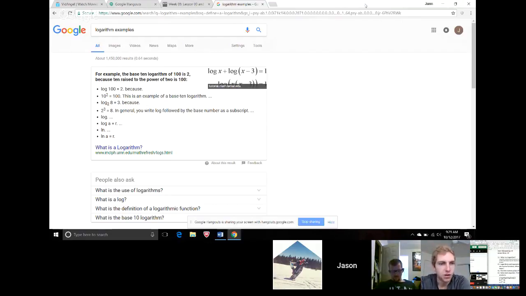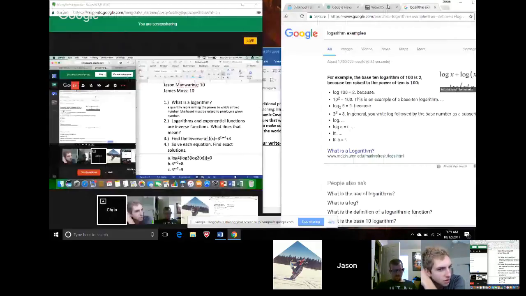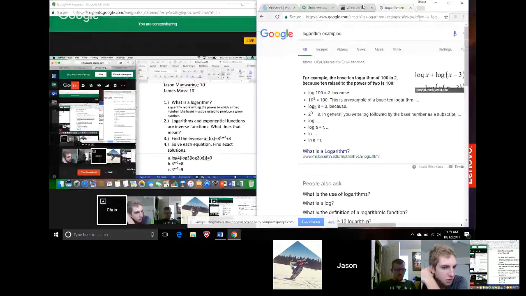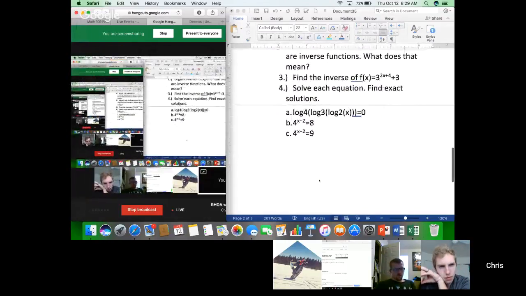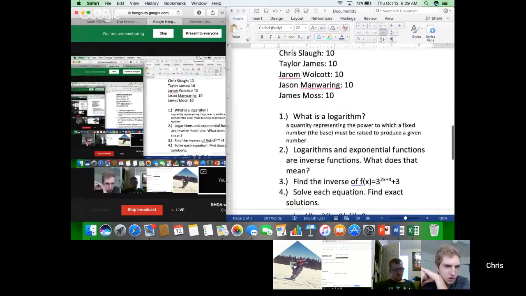Like the second example on that page is log 2, 8. So would 2 be the base? 3 is your base, I think. No, that's your power that you have to raise 2 to in order to get to your 8. Okay, so 2 would be the base. So it's saying how many times do you have to multiply 2 in order to get 8? And that's 3 times.